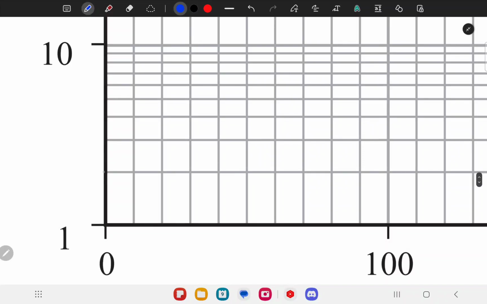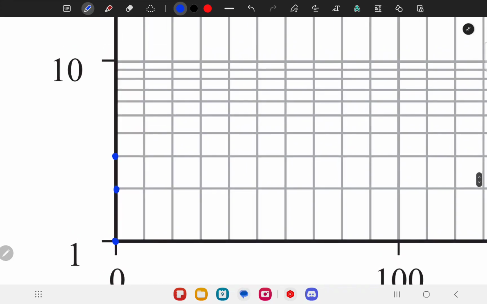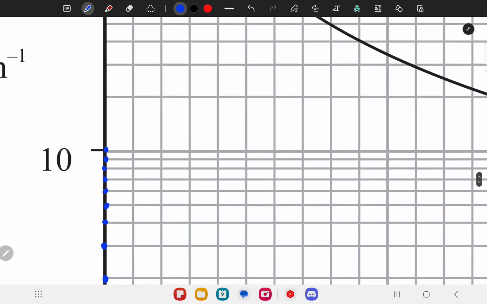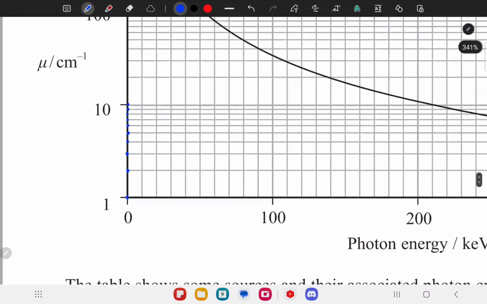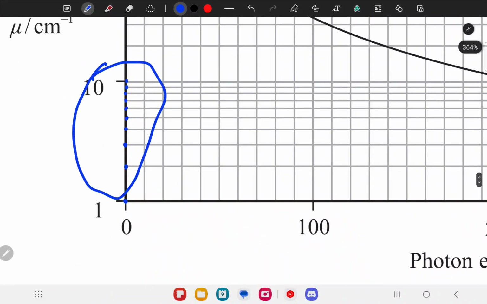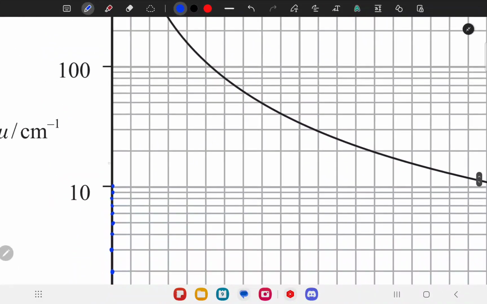So between 1 and 10 we have 1 2 3 4 5 6 7 8 9. So from 1 to 10 we have 9 boxes. So this is 1 2 3 4 5 6 7 8 9 10. So each small box is 1 over here. Now in this case each small box would be 10.